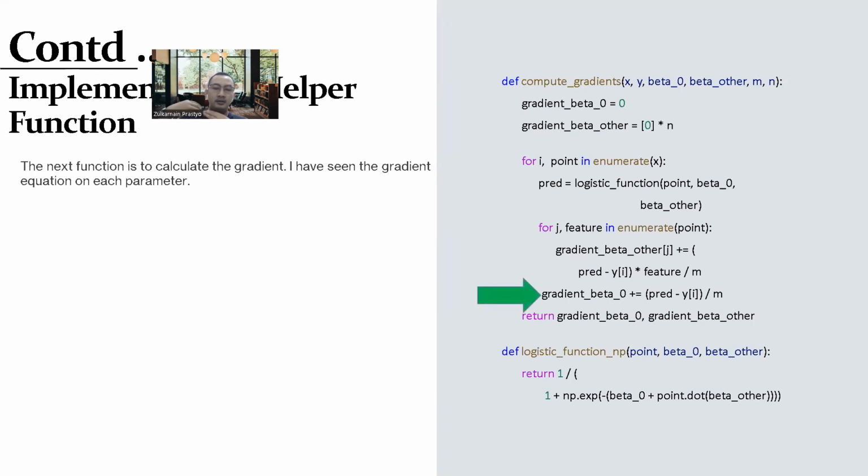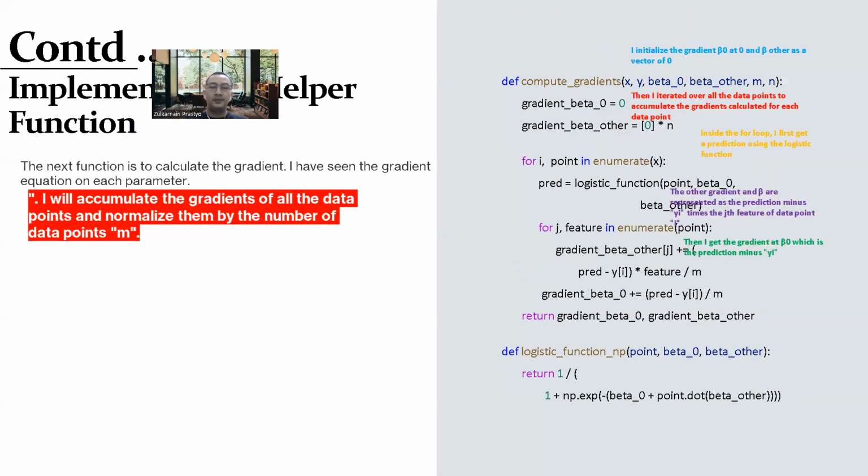Then I have gradient beta 0 plus equal predict minus y i per m, and I will come back to predict minus y i times the feature per m.